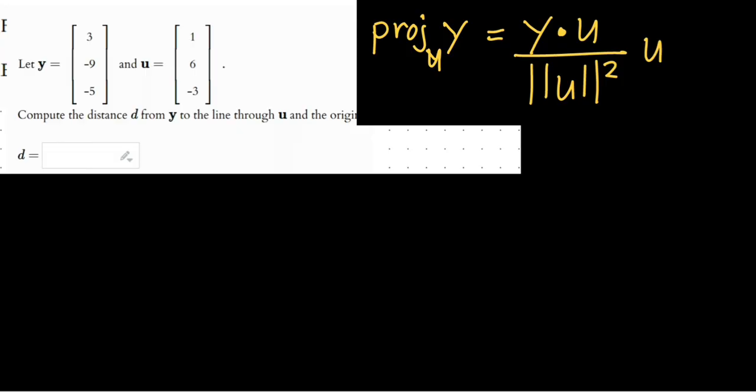So the formula for that is y minus the projection of y onto u. So this one is supposedly our w sub 1. So our w sub 2 is that one. But from the one I showed you, that one is w sub 1. And now we can calculate the projection of y onto u.